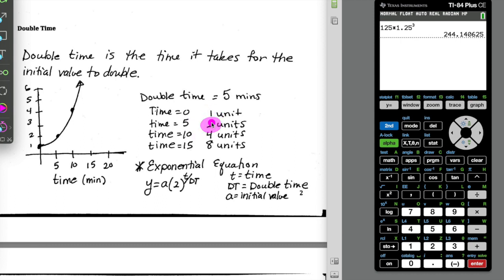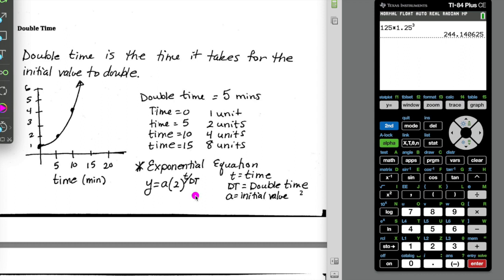So I go from 1 to 2, that's doubling. Then in the next 5 minutes, I go from 2 to 4, that's doubling. And then in the next 5 minutes, I go from 4 to 8. So this is the whole concept of double time. So I would say that every 5 minutes, my amount doubles, of whatever it is that you're talking about in the context of the problem.